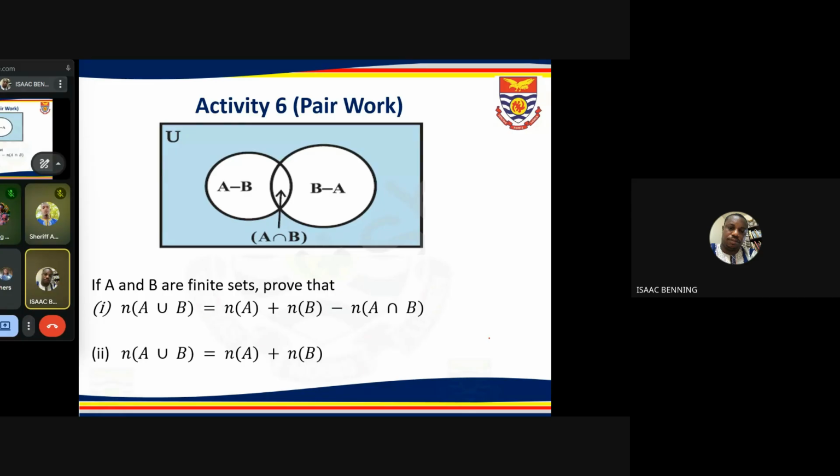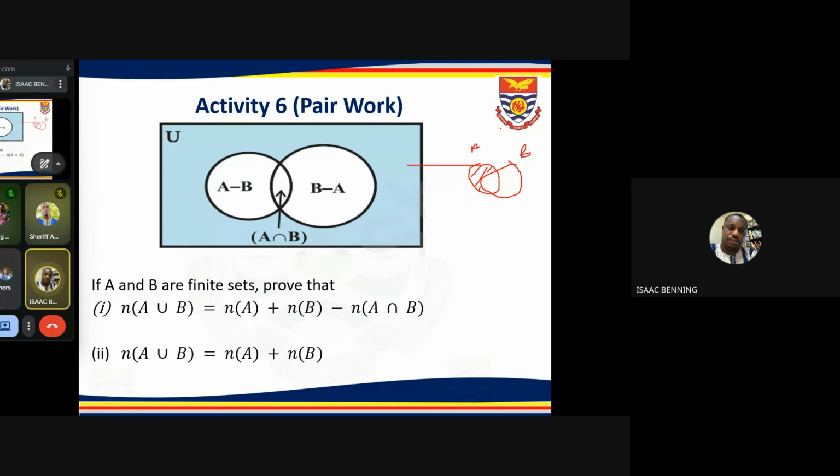Now, before we start, let's look at this set. Suppose this is set A, suppose this is set B. Where I have shaded is what we call the A only.